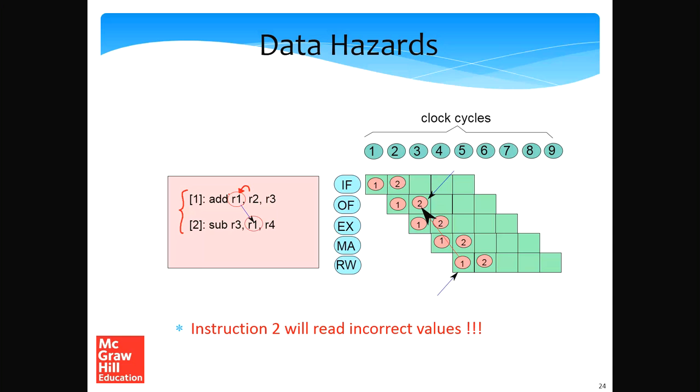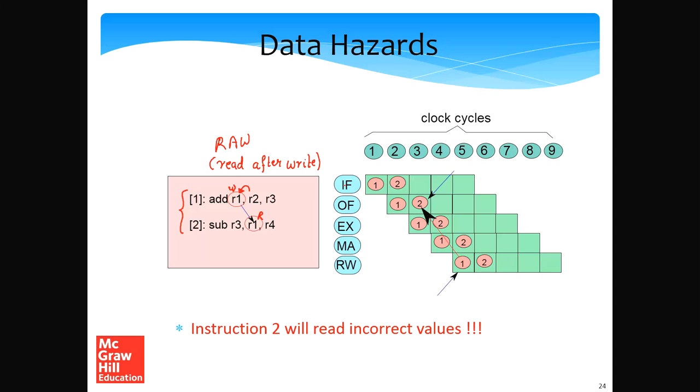So here instruction 1 is writing to R1 and instruction 2 is reading from R1. We call it a read after write dependency, or a RAW dependency, which is also called a true dependence, because we first write and then we read.